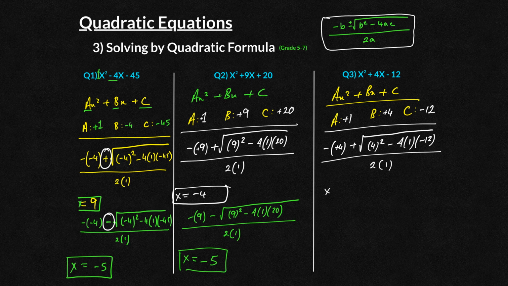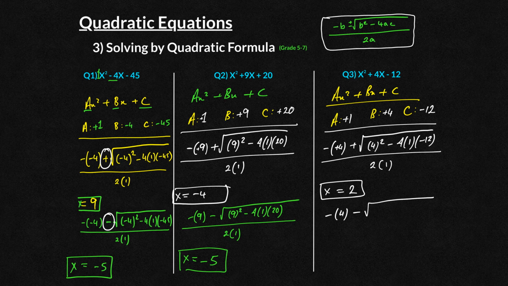So if you do that in your calculator, you end up getting an answer of 2. So one solution is 2. Now we'll do the same thing, but changing the positive to a negative. Again, you'll be expected to write all of this out, so no shortcuts. So negative times positive 4, I should say.